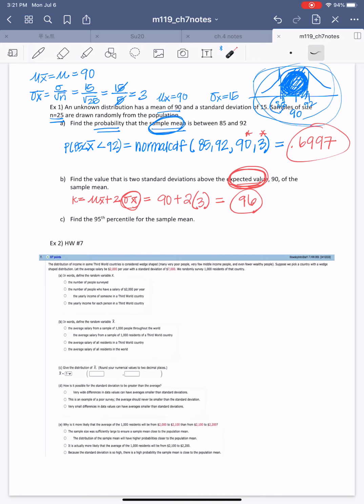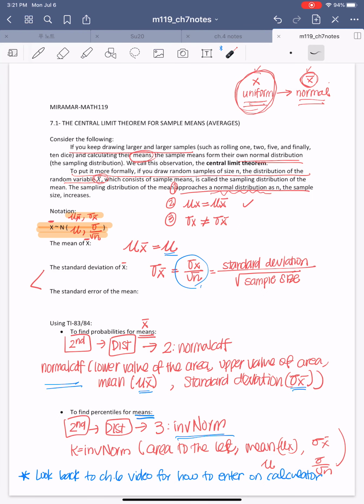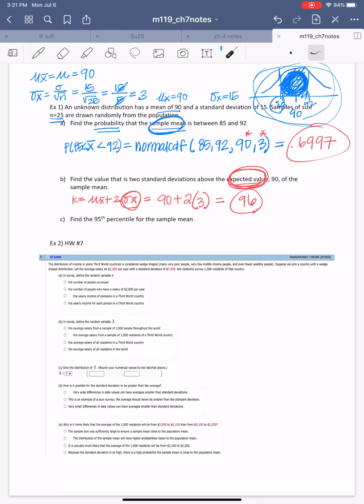Part C, find the percentile. So this is a percentile question. That's finding the inverse norm: area to the left, mean, and the standard deviation. Since they give you the area to the left already, 95, I don't have to find the other one.